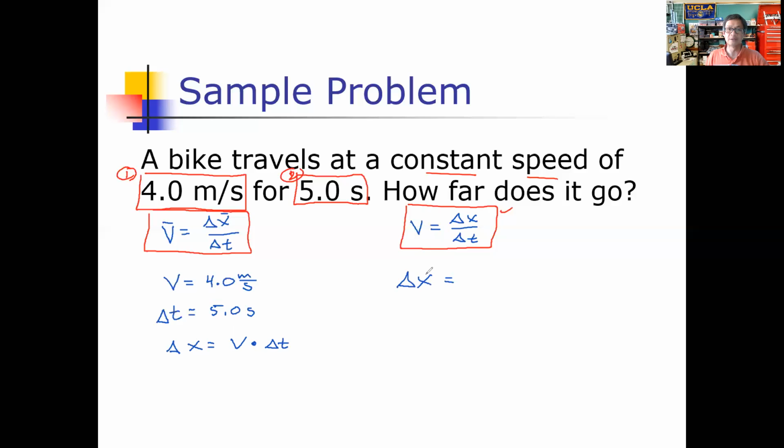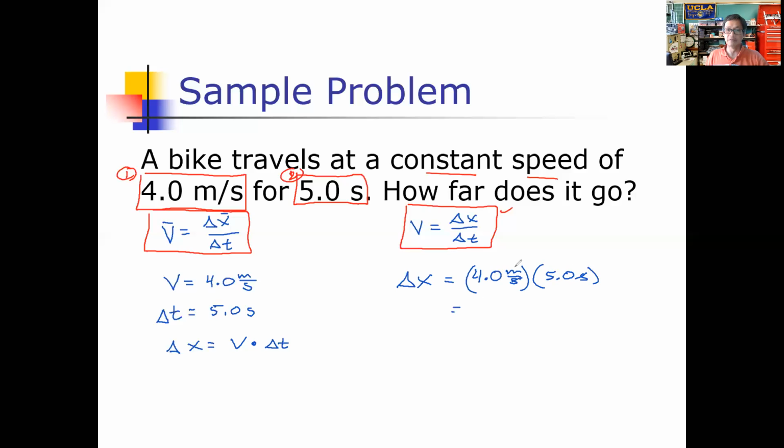So for the displacement, the total distance traveled here, it's going to be speed, which is 4 meters per second. Go ahead and write that in. We're going to multiply that by the time interval, which is 5 seconds. If you notice here, the unit of seconds is going to cancel out.